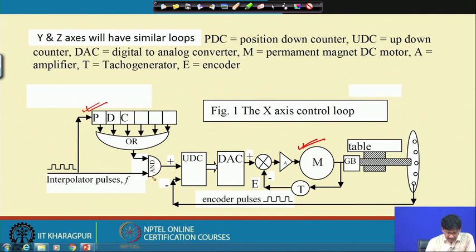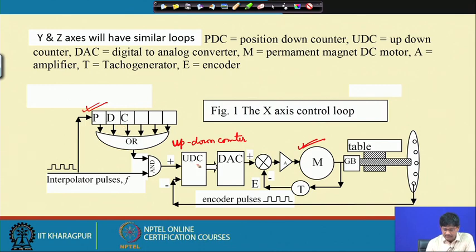So, pulses come here. Position down counter again controls through that OR gate collectively, taking all these values out, and when they are ANDed with the interpolator pulses, if this is 0, interpolator pulses are stopped. But suppose they are let through, then through this up down counter, which can count up as well as down, this can only count down.